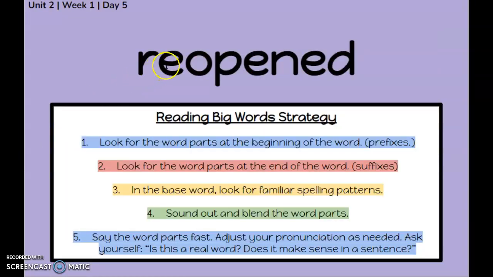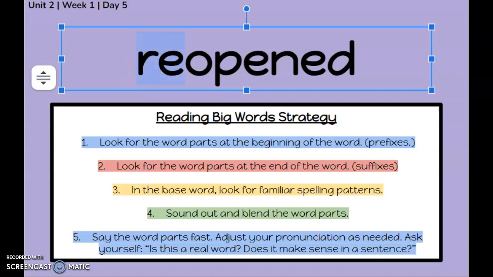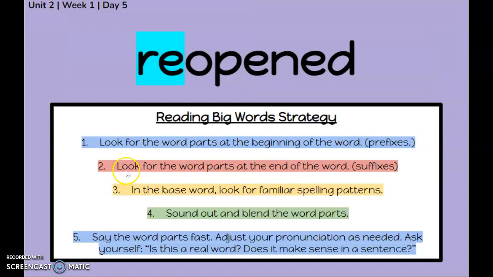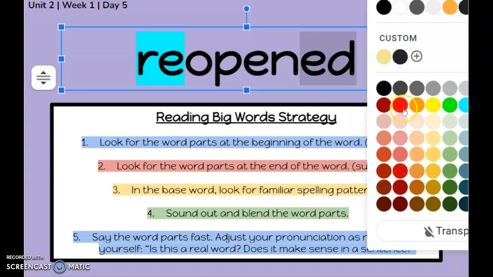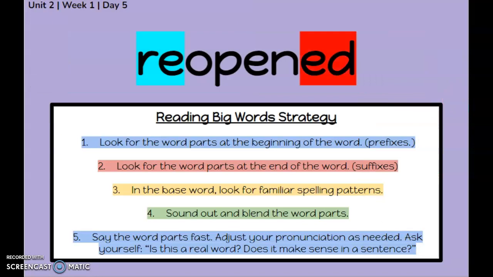So I'm going to highlight that in blue. Then I want to look for the word parts at the end of the word, or the suffixes. I know that ed is an ending of a word, or a suffix. Then I look at the base word, open.